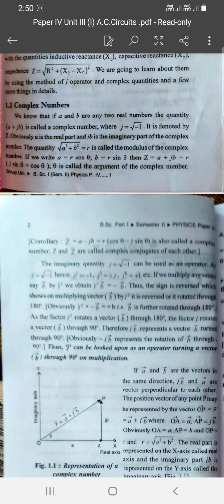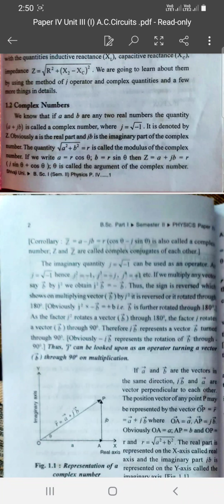It is represented in the following diagram, that is, the imaginary axis versus the real axis. X, O, Y is the coordinate system, and r bar equal to a bar plus j b bar. The vector starts from origin O and goes along A. The vector joining the point P to A is jB, and therefore r bar equal to a bar plus j b bar.